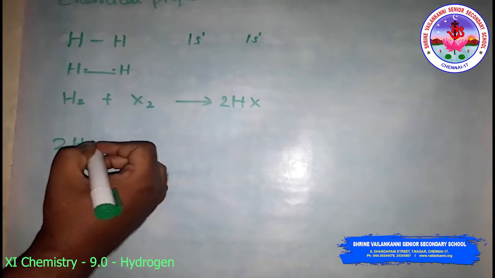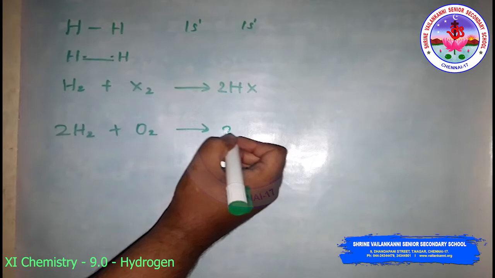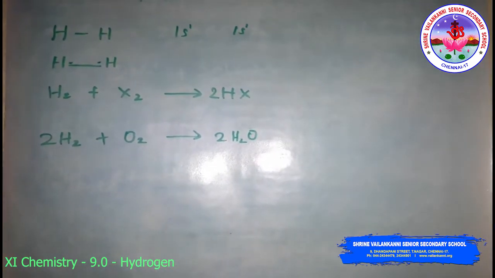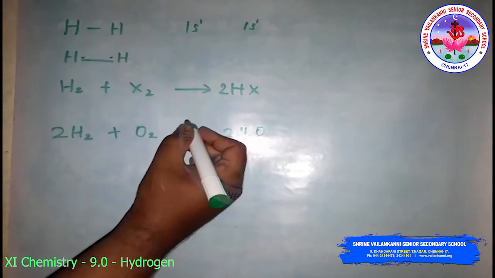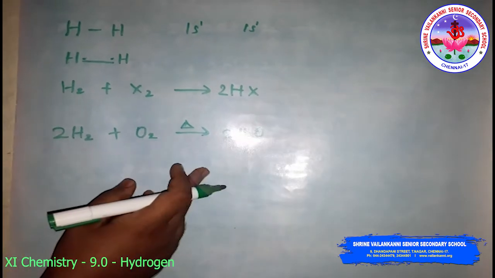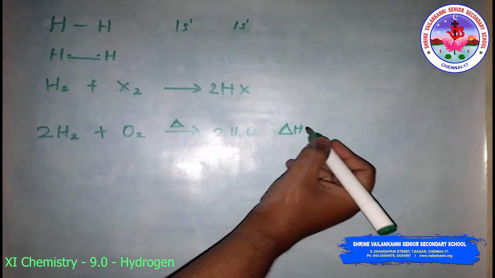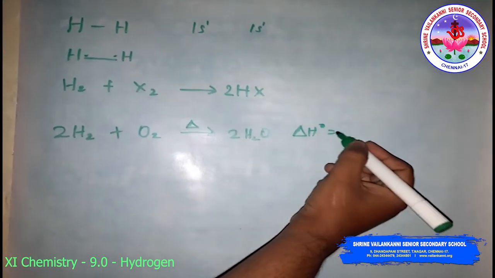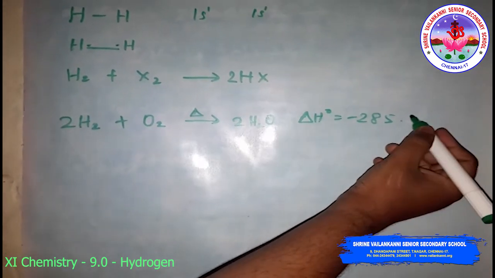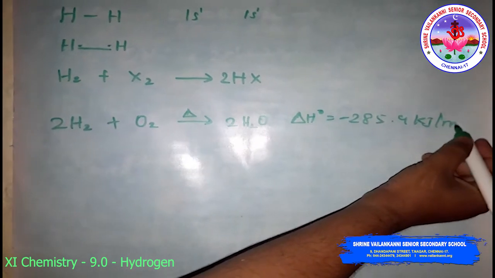Hydrogen reacts with oxygen gas to produce water, using a catalyst or heating. You will get the water molecule. This is highly exothermic in nature. The standard enthalpy change is minus 285.9 kilojoule per mole.